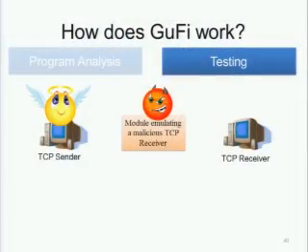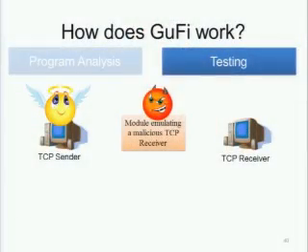In the testing phase, we run the original TCP implementation at the sender and the receiver. Here the assumption, of course, is that the sender is the honest guy, and we're trying to see how the receiver can manipulate the sender. So we then execute the module which emulates a malicious TCP receiver in the middle.